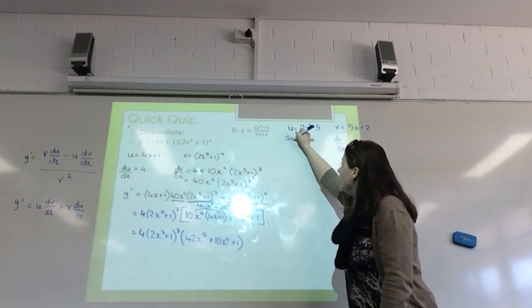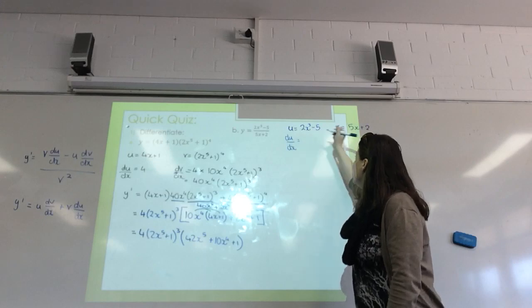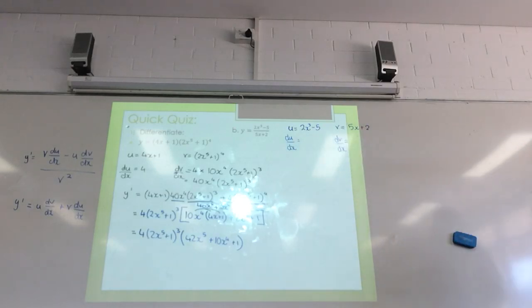So remember, the product and quotient rules start out the same with a list. What's u? What's v? What's du on dx? What's dv on dx? But then make sure you choose your formula correctly, from your formula sheet. Make sure you know where that is on the formula sheet. Don't let the yearly exam be the first time you're looking at that.